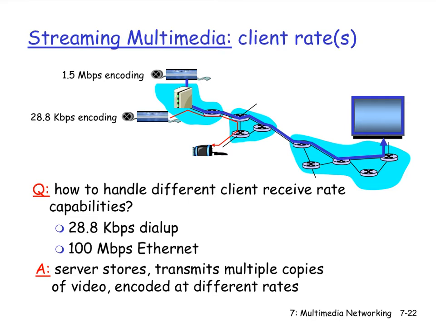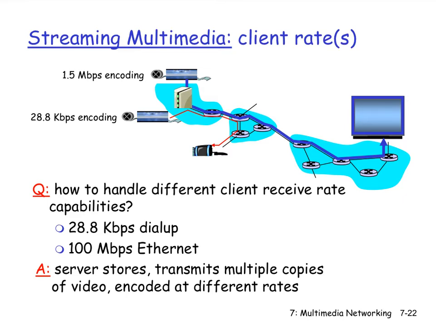Someone has a plan of 10 megabits per second versus another one who has 1 megabit per second. Or in the past, of course, we used to have dial-up, which gives you a rate of 28.8 kilobits per second, which is a joke now, but 2 years back, this was the case.